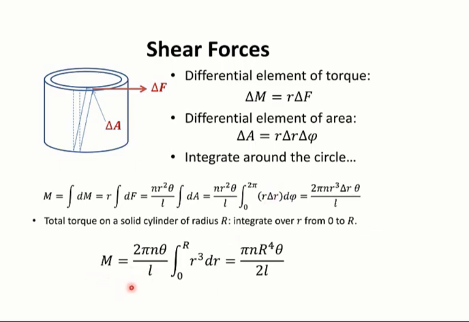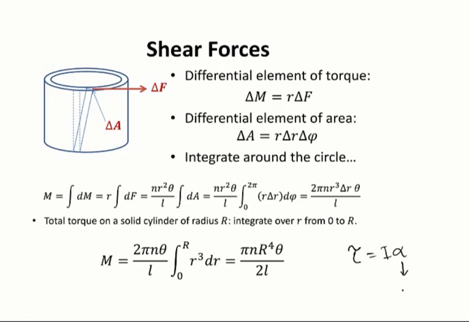Now, the torque that you get from this calculation can be written to be equal to I times alpha. That is, the torque is actually equal to I alpha, where I is the moment of inertia and alpha is the angular acceleration.